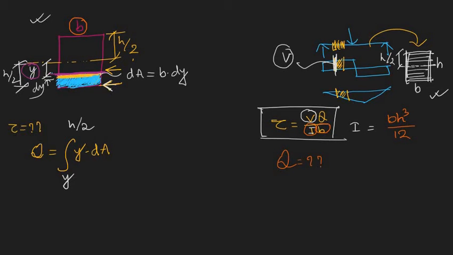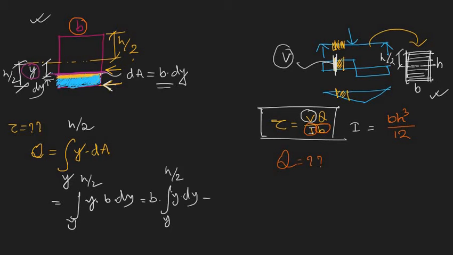Got it? Now put the values, y to h by 2. y times dA is b times dy, and b is constant, so simply integrate y times dy from y to h by 2.